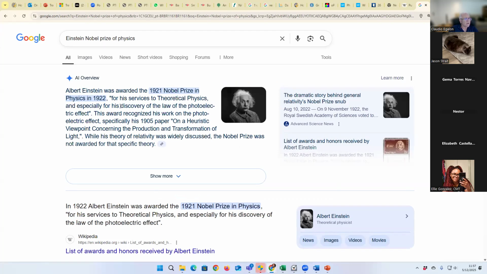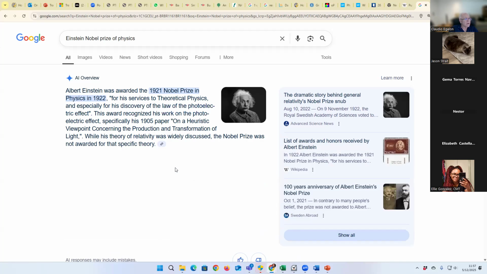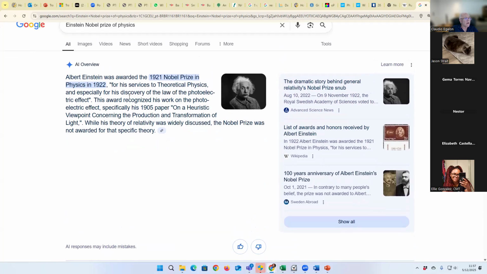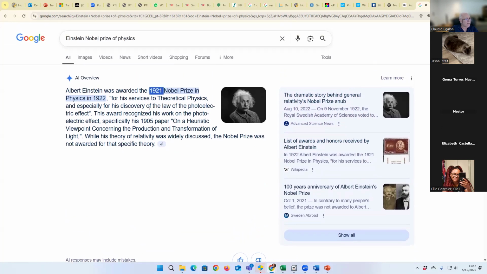1921 Nobel Prize in Physics for his service to theoretical physics, especially for his discovery of the law of the photoelectric effect. Okay, no mention of the theory of special relativity, no mention of the theory of general relativity. And it took almost 20 years for him to get this Nobel Prize.